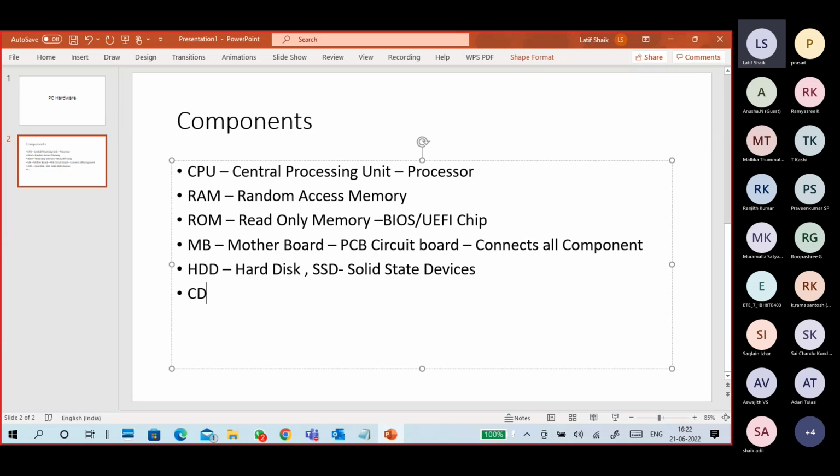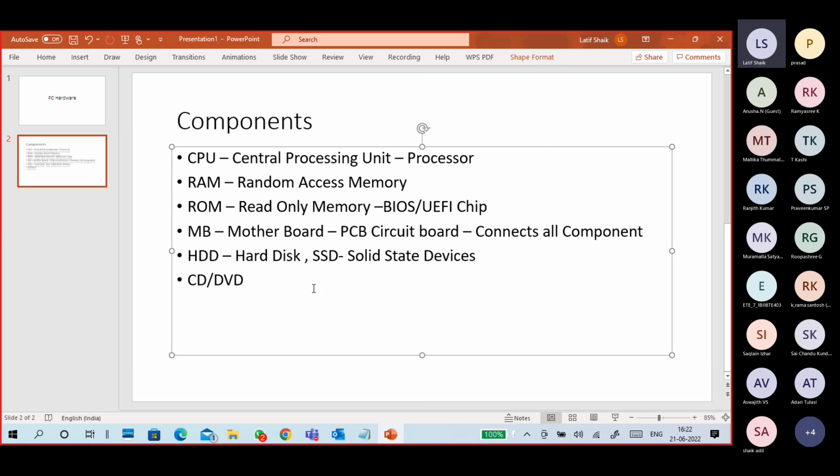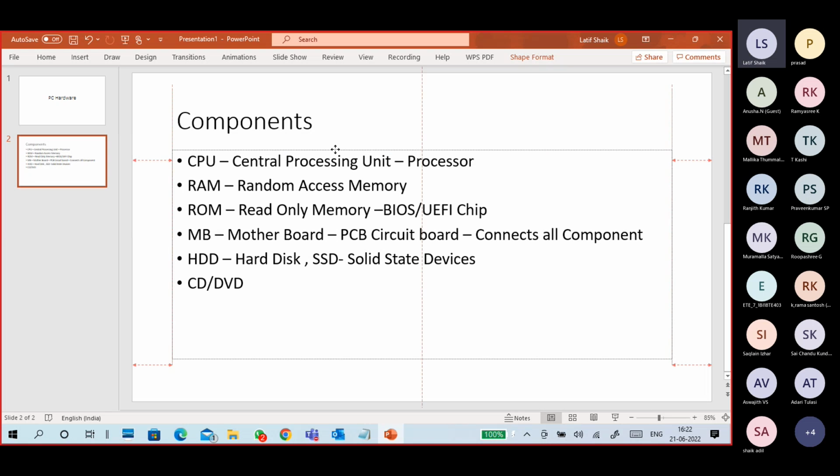CD, DVD, compact disc, optical storage. What is CD, DVD? Optical storage. These are all internal components only. We will go to external components also.